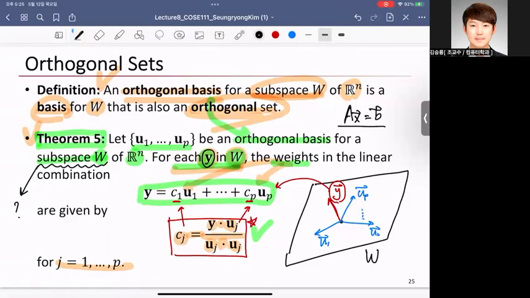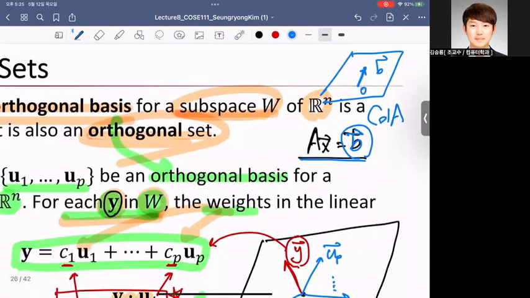If a solution exists, b should be in the column space of A. Maybe 0 is here, and b is defined like this.